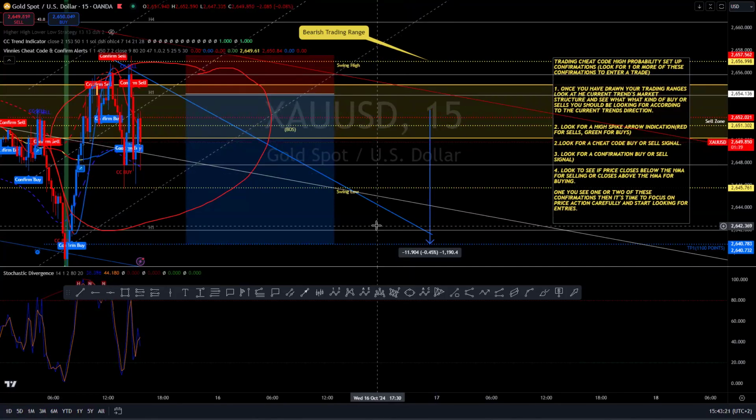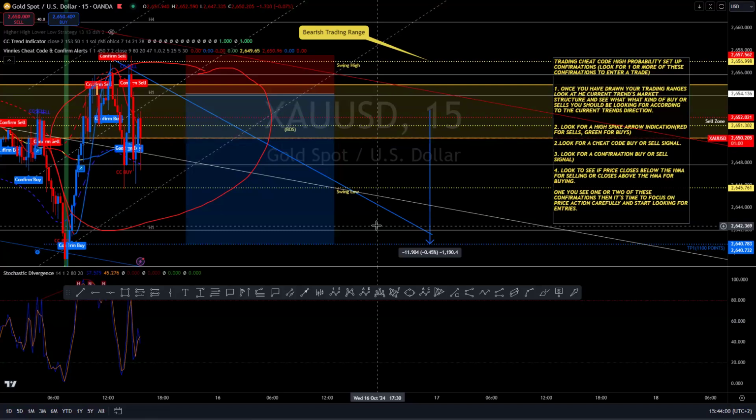I want to see what the next candle does. I look at all my trades, I'm only $28 in the hole, but that's good.